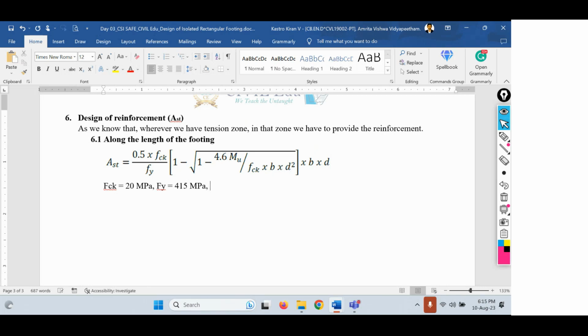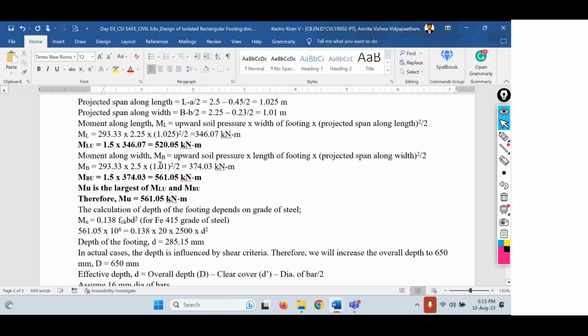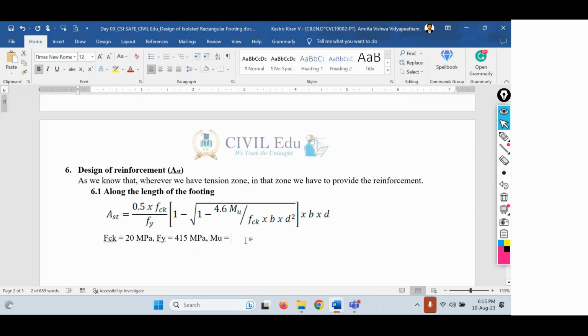And then let's say what else? Mu, the maximum moment. Mu equals to, I think it is 520 something. Yeah, 520.05. Along the length direction, the moment value is 520.05 kilonewton meter.